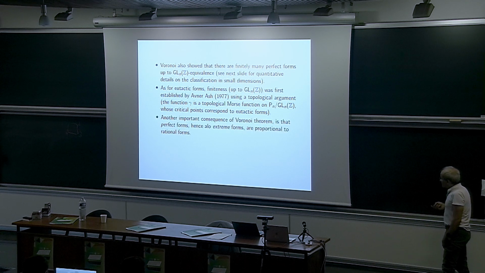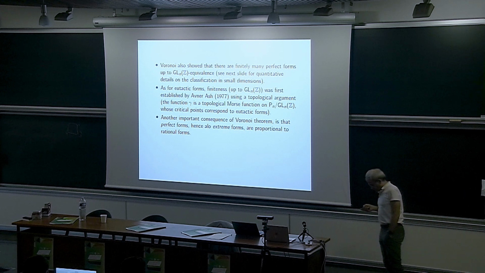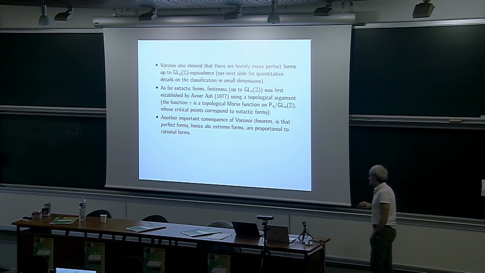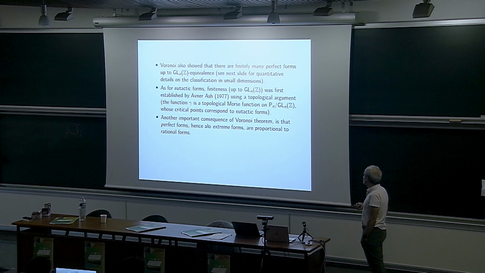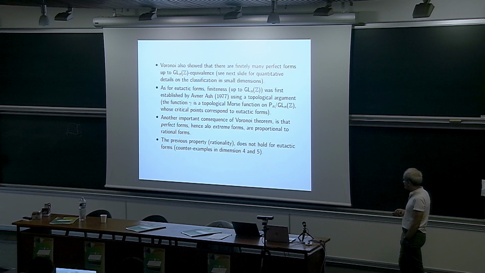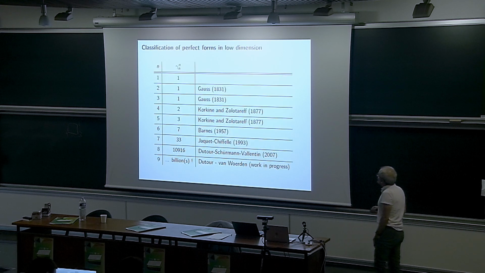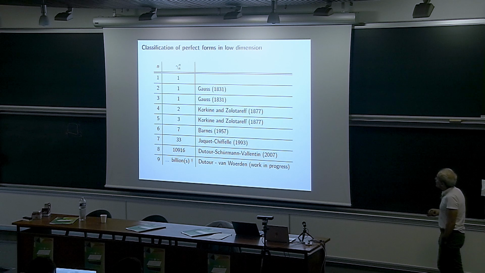Another important consequence of Voronoi's theorem is that the perfect forms and also the extreme forms have to be proportional to rational forms, forms defined over Q, which is not the case for eutactic forms. There are counterexamples already in dimension 4. And here is what is known about the classification of perfect forms in low dimensions.